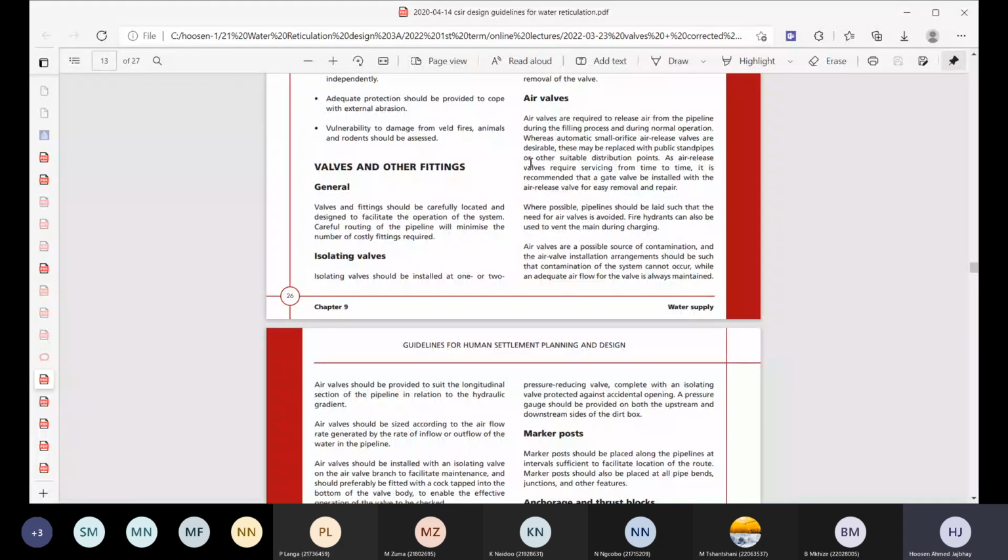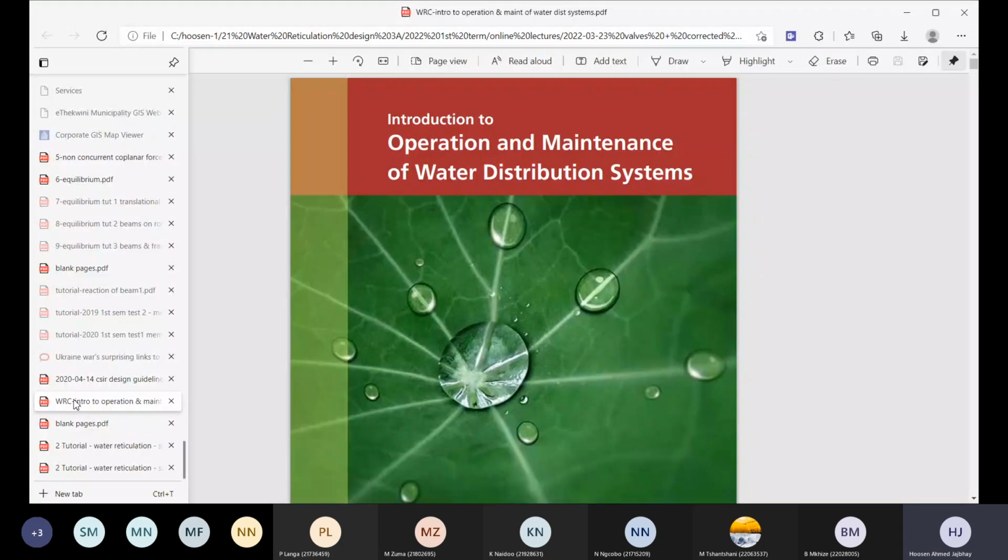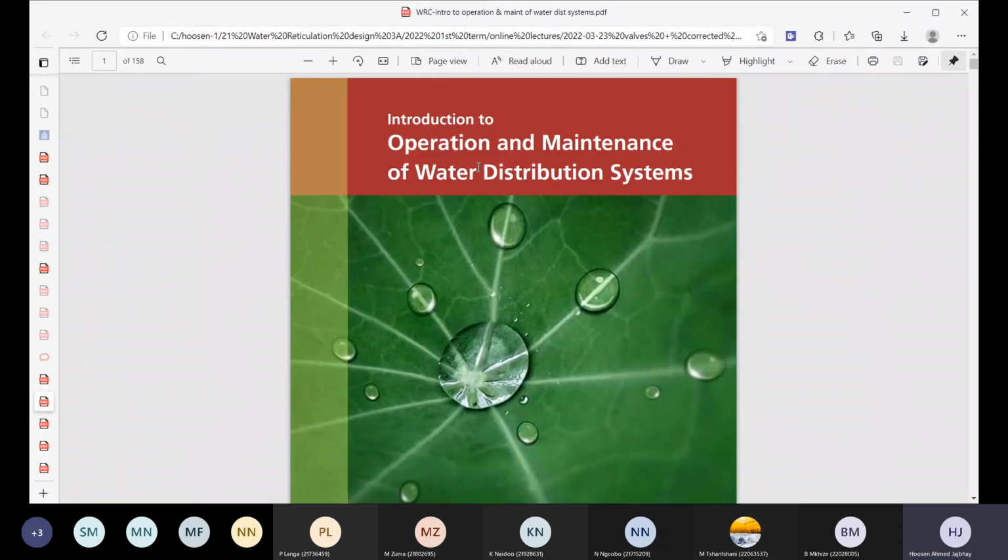You'll see it's a short section. It gives you, from a design perspective, what you need to know about valves and fittings. And then there's a more extensive discussion of the topic in this particular book, which I'll also upload the link for onto Moodle. It's available from the Water Research Commission, and you can download it for free and read the relevant section on that.